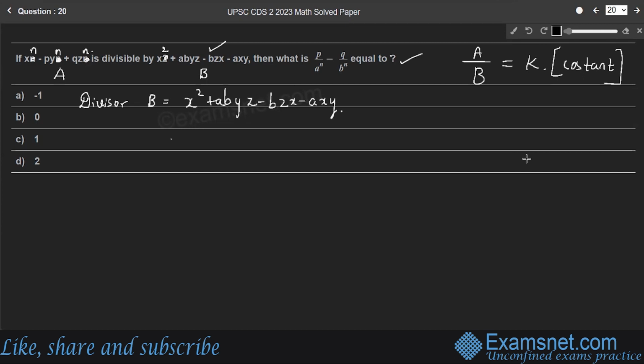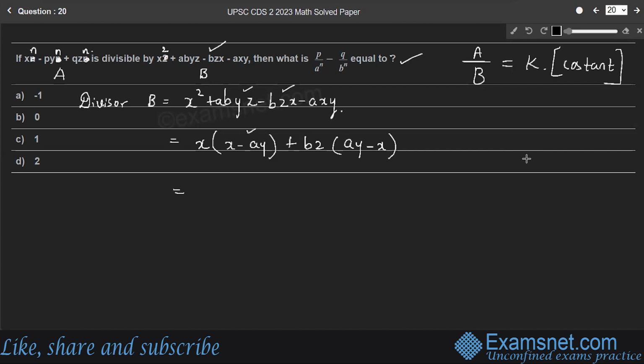So students, in this, we'll consider x square and the last term minus axy, right? In which x is common, x into x minus ay, right? In the second and third term, we have bz common, plus bz into ay minus x, right? So we just interchange the signs.